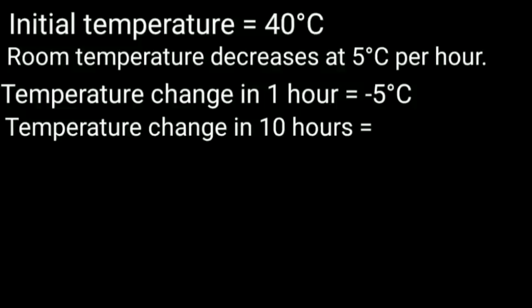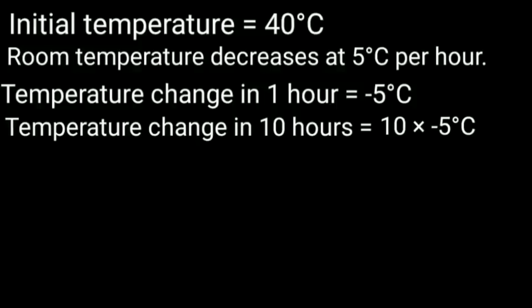Next statement is temperature change in 10 hours. Temperature change in 1 hour is equal to minus 5 degrees Celsius. Then to find the temperature change in 10 hours, we have to multiply minus 5 degrees Celsius by 10 hours. So 10 into minus 5 degrees Celsius.